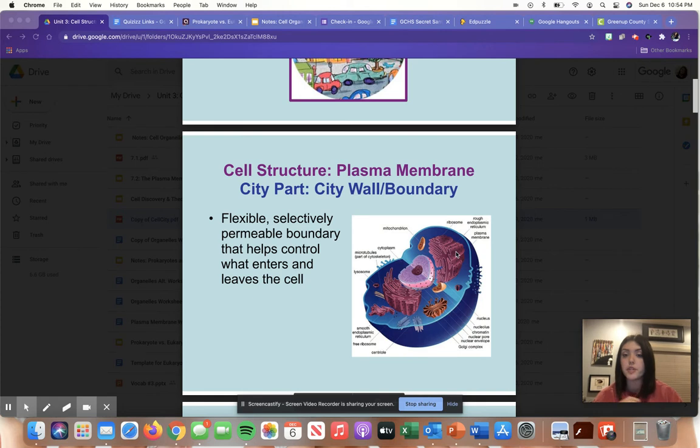We talked about that when we talked about the cell membrane. So here it is. It lines the entire structure of the cell, right? It is that outer covering. So that would act as the city wall. It's what is around the city, protecting what's inside the city.